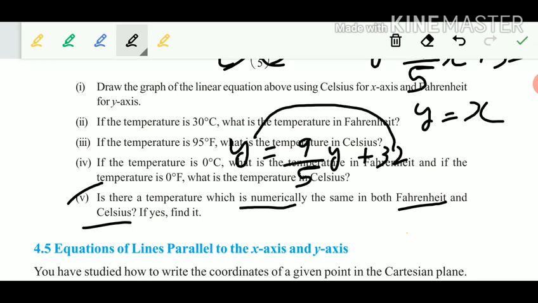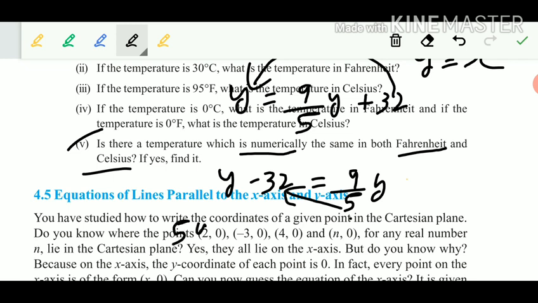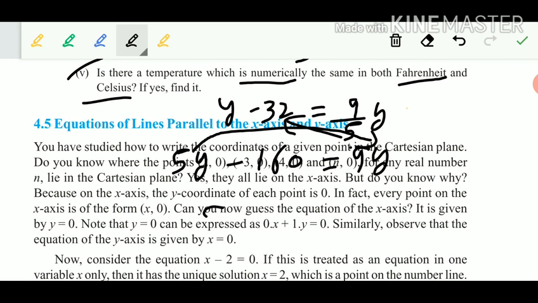32 is plus, this side it becomes minus, so y minus 32 is equals to 9/5 y. 5 is divisible, this side it becomes multiply, so it becomes 5y minus 160 is equals to 9y. 5y is plus, this side it becomes minus, so 5y minus 9y is equals to 160, that is, 9y minus 5y is equals to minus 160.